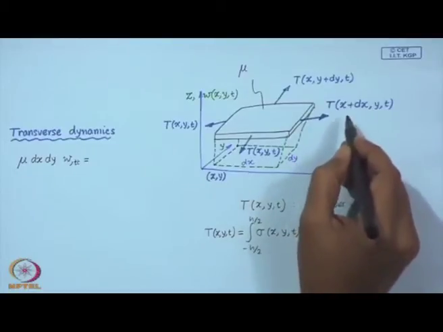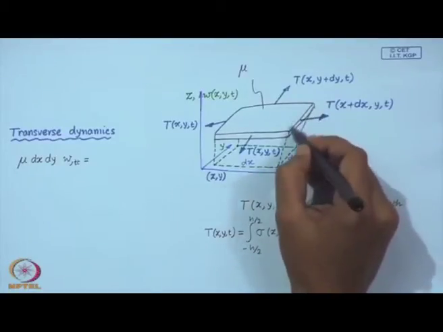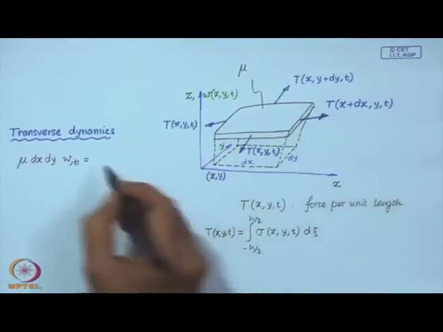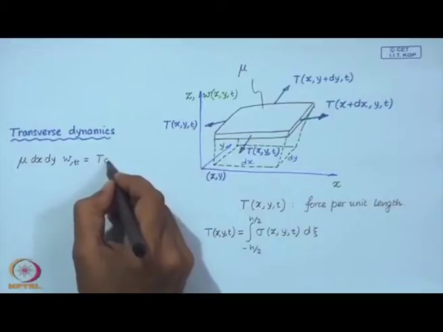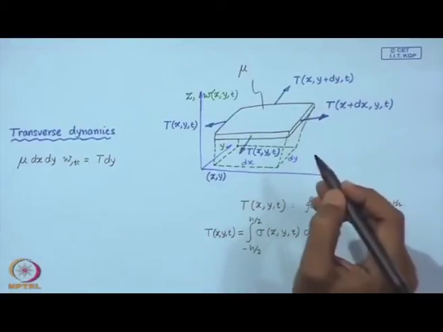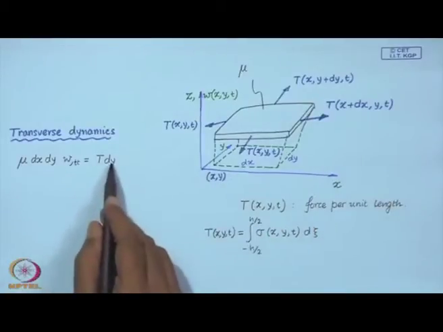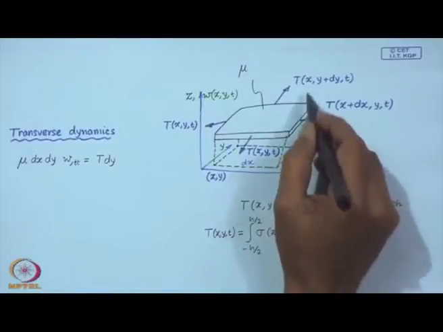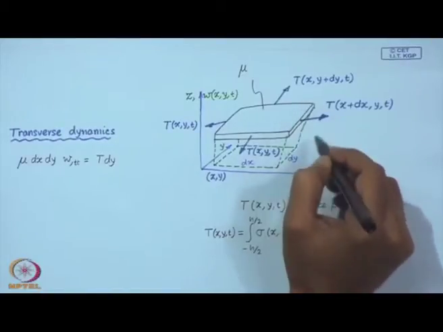So, for example, the force because of this on this face is T times dy, because the length of this face is dy. So, that is a force, but I must take a component which is in the transverse direction.